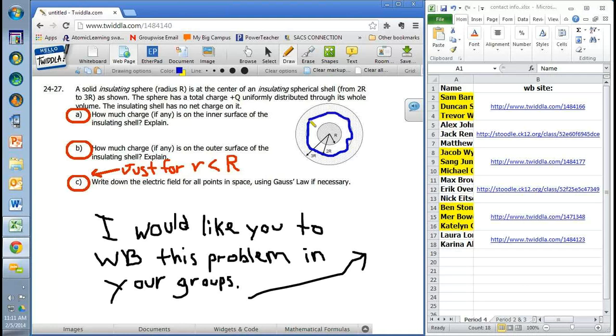I agree with your group that the charge on the insulator in here is given as being a positive Q on this one, okay? But my question is, how much is on the inner shell here?